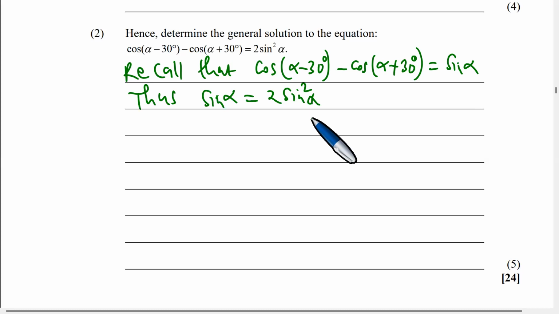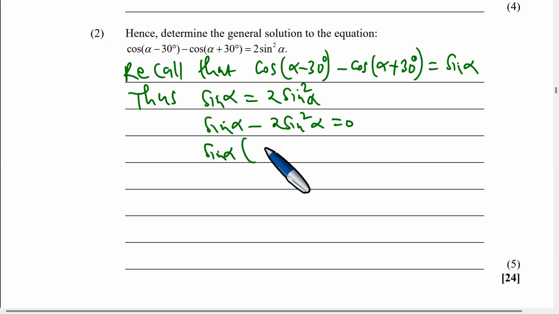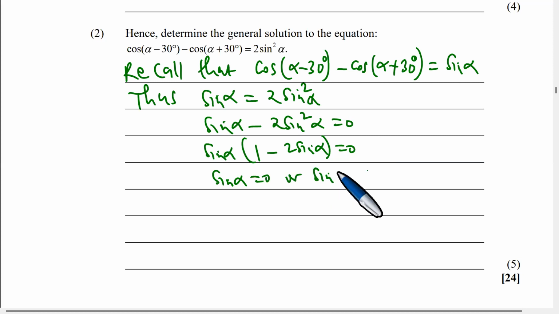With that said, we continue as follows. We can manipulate these and say we have the sine of alpha minus 2 sine squared alpha, which is 0. We have sine alpha into 1 minus 2 sine alpha, which is 0. Which means sine alpha is 0 or sine alpha is 1 over 2.